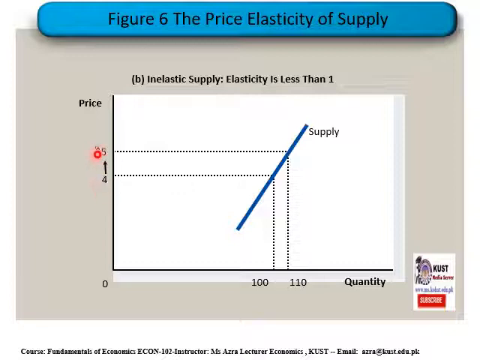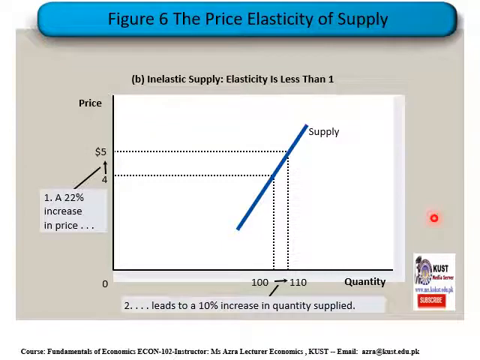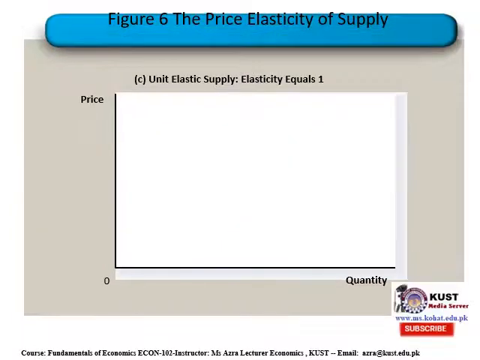Quantity supplied will increase, but not as much as the increase in price level. The y-axis shows price level and the x-axis shows quantity supplied.